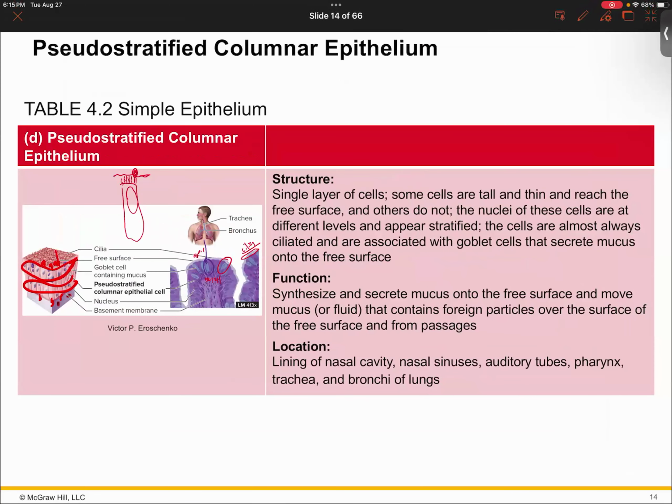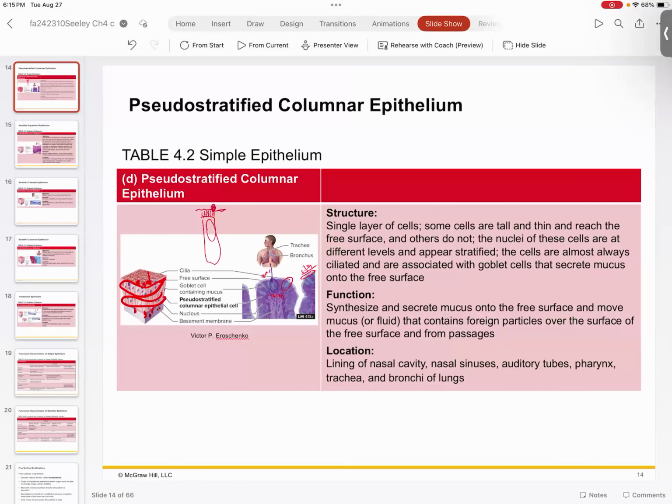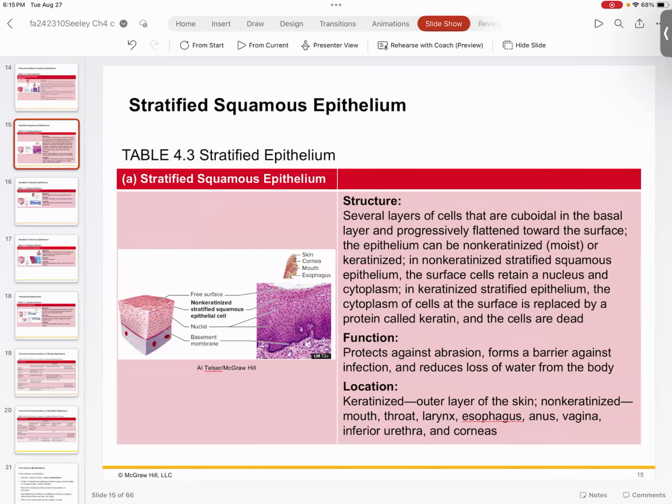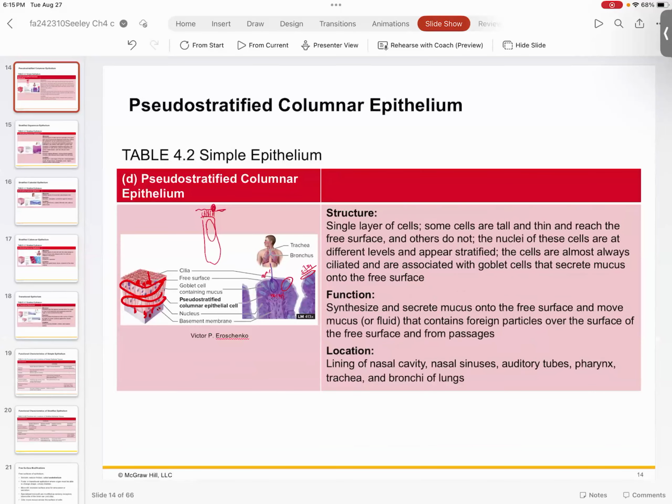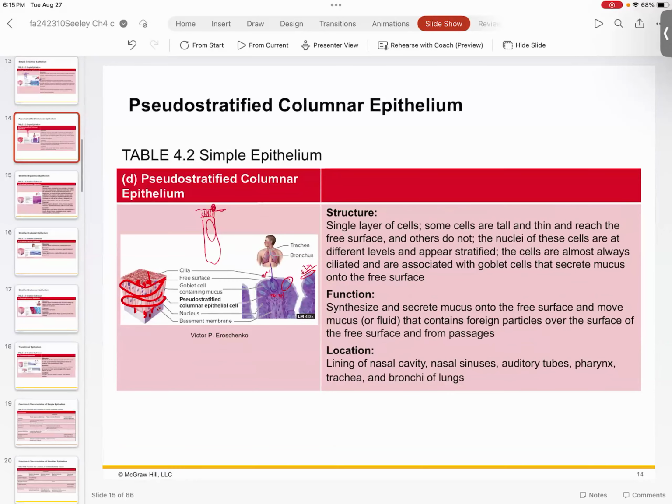So that's the reason why I was interested in your looking at the trachea slides, because that's where you'd see that pseudostratified ciliated epithelium. Okay. So that is mostly the simple stuff.